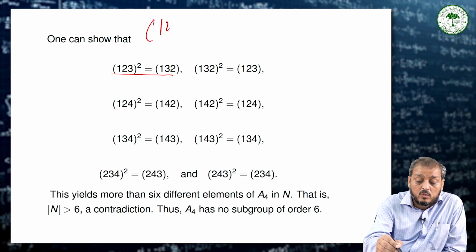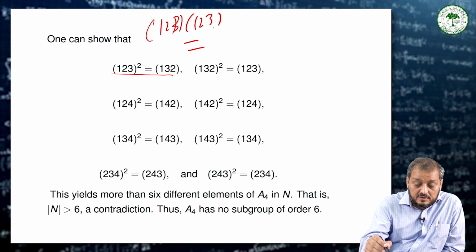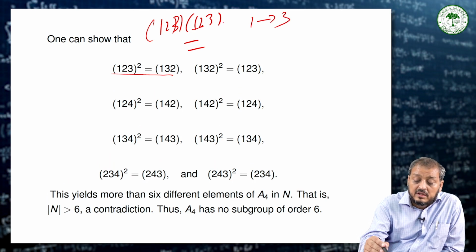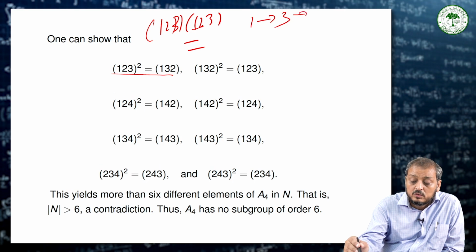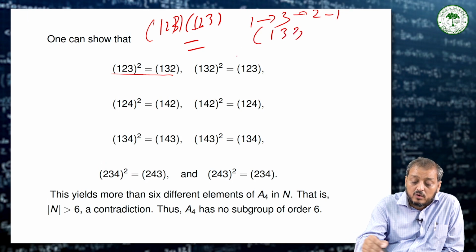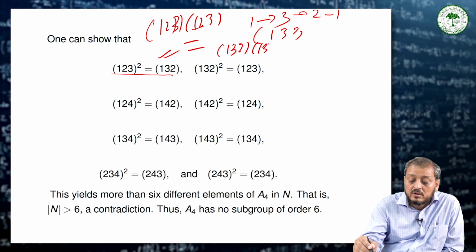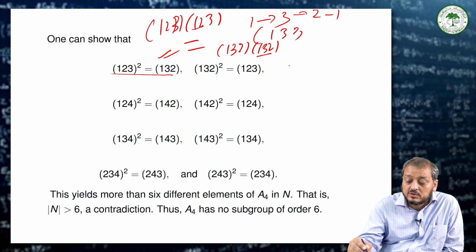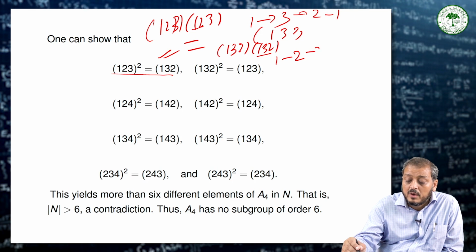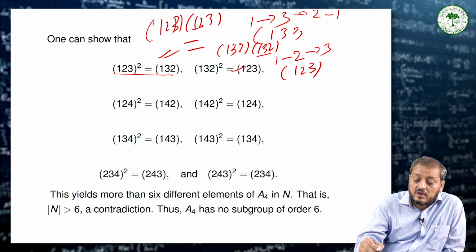We take (1 2 3) and (1 2 3), and then you can check that 1 goes to 2, then 2 goes to 3, 3 goes to 1, and 1 goes to 3, 2 goes to 1, 3 goes to 2. So this is clearly (1 3 2). Similarly, if you take (1 3 2) and (1 3 2), then 1 goes to 3, 3 goes to 2, so 1 goes to 2, then 2 goes to 1, and 3 goes to 1. So this is equal to (1 2 3).